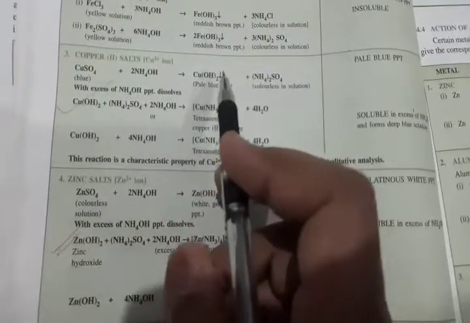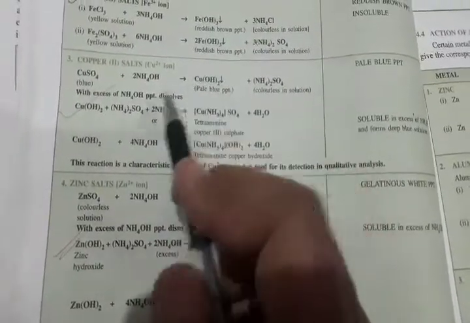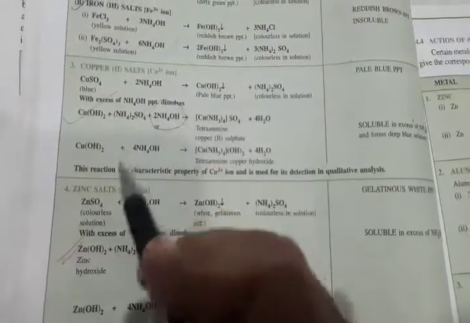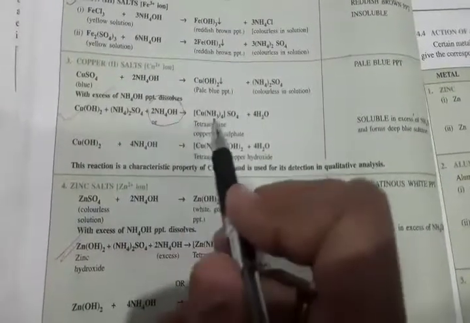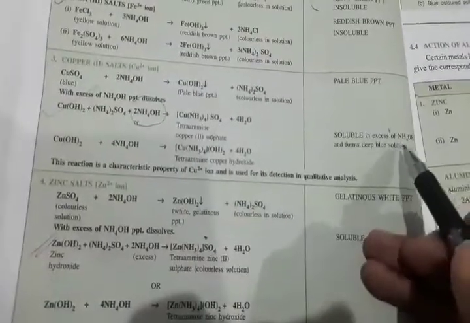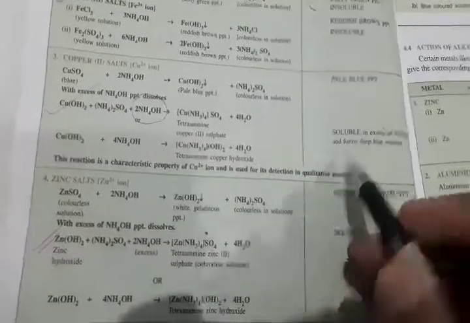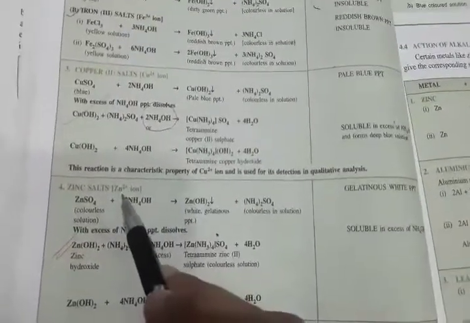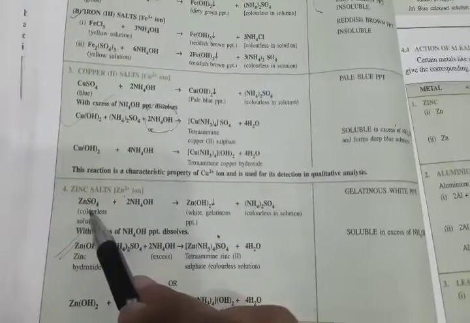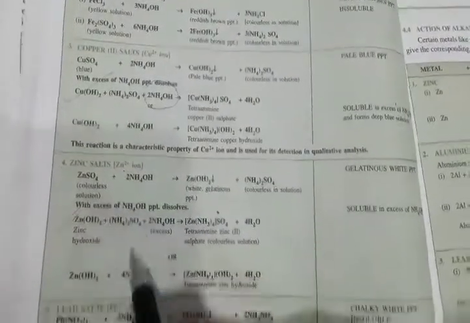So remember this thing, the copper hydroxide formed in this case when you add excess of NH4OH. See, excess of NH4OH is being added, so you will get tetraammine copper sulfate, which is soluble in excess of NH4OH, right? So similarly in the case of zinc 2+ salt also, zinc nitrate or zinc sulfate, right?